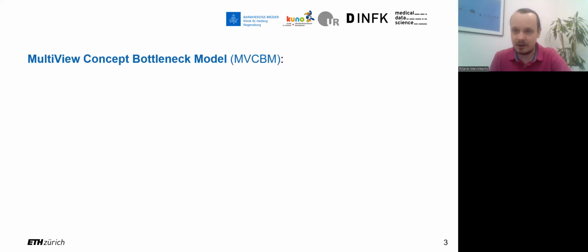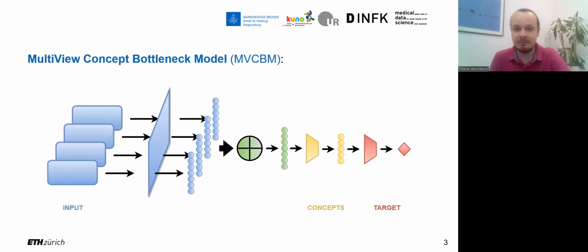Based on these considerations, we have extended the vanilla CBMs to the multi-view classification setting. The schematic summary of our model is depicted in this slide. First, the views of the input are mapped to view-specific representations using a shared encoder network.